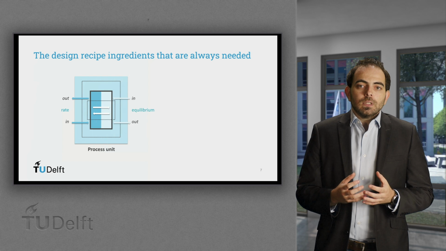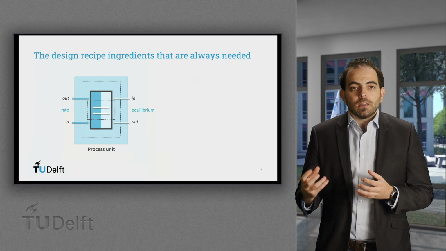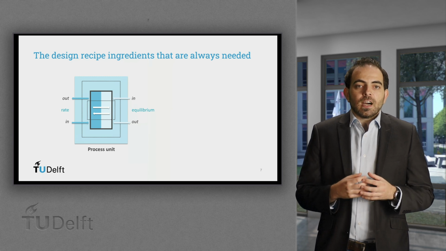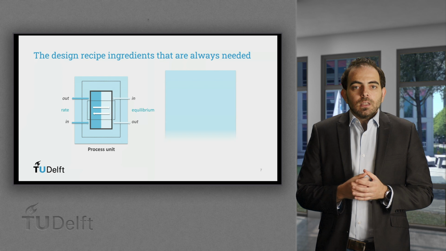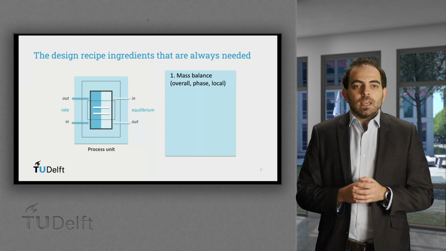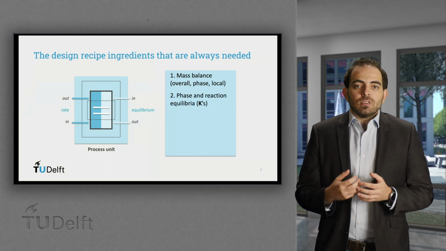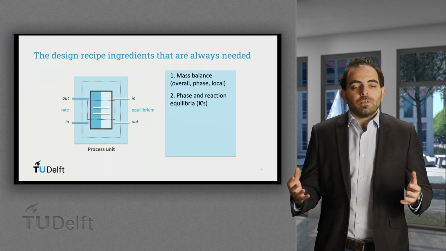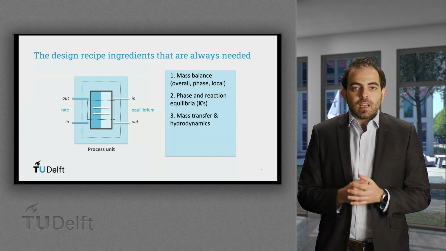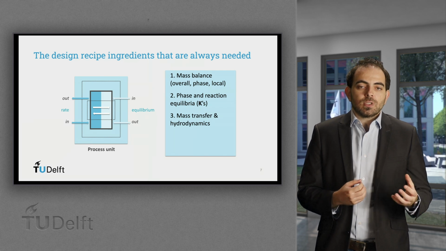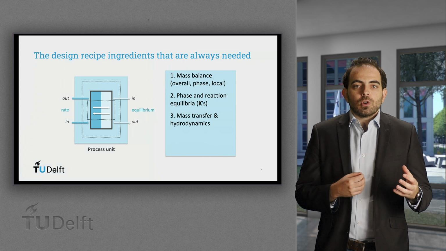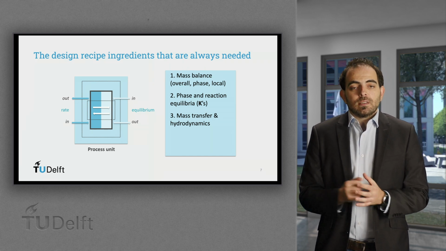As mentioned earlier, it is useful to have design recipe ingredients that work for multiple unit operations. And the 5 main ingredients are as follows. Firstly, setting up mass balances over flows entering and leaving unit operations. Secondly, understanding the distribution of components over the different phases. Thirdly, characterizing mass transfer and hydrodynamics, for example, to find out whether these process flows can actually be contacted in such a device given physical constraints such as pressure drops and flow resistance.